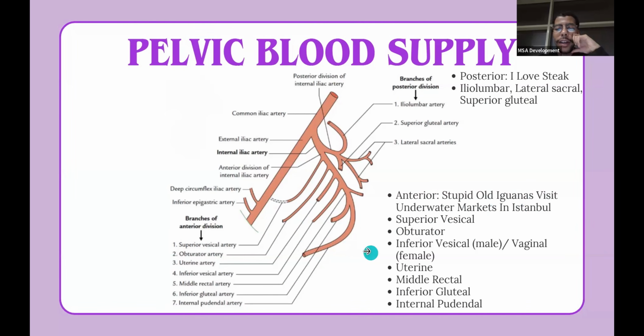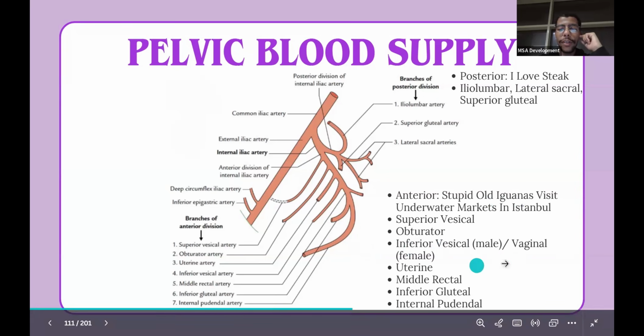Then, iguanas, I, inferior vesicle in males, and visit, vaginal in females, because this is different between the two. So the inferior vesicle artery in males and the vaginal artery in females. And then underwater, uterine, markets, middle rectal, then inferior gluteal, and then Istanbul, internal pudendal.